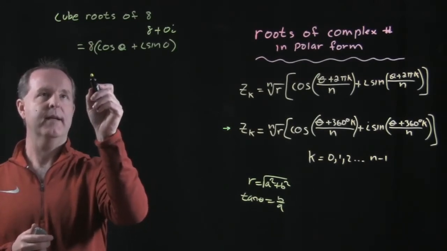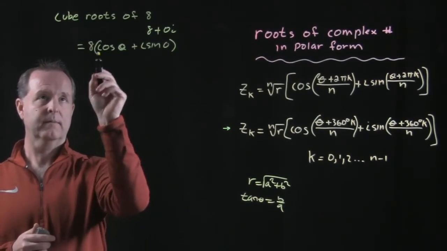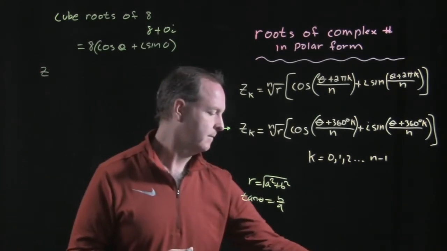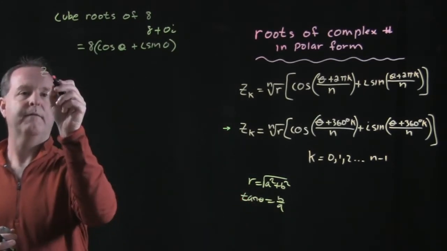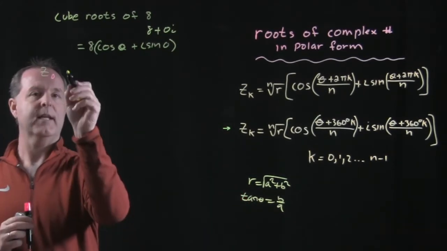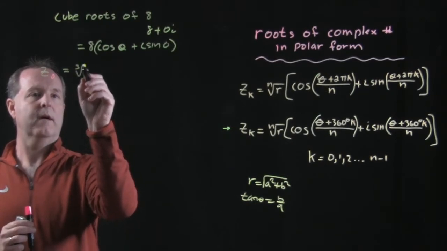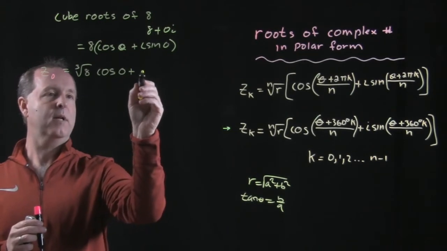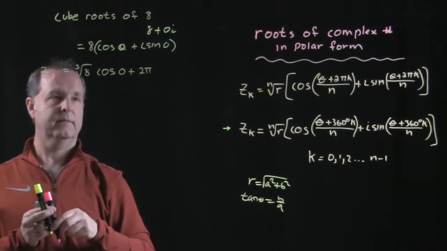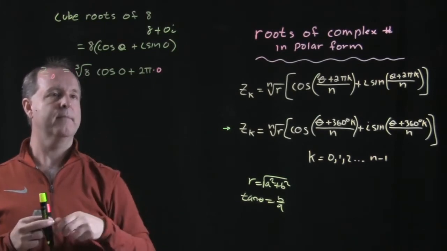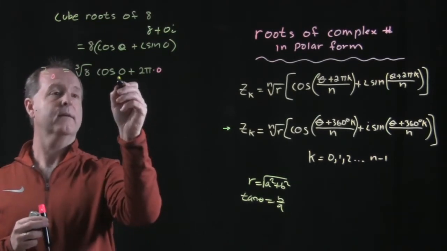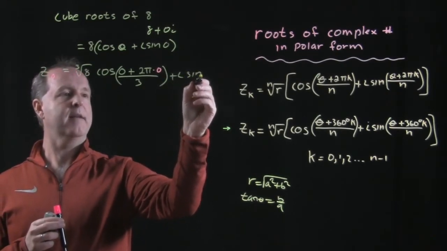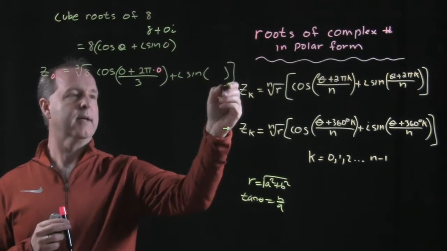So I'm asking for, we're looking for the cube root, and there's 3 cube roots. So z sub 0 will be my first one, and that's going to equal the cube root of 8 times the cosine of 0 plus 2 pi times 0, since that's my first one, all divided by 3, plus i times the sine of the same argument.